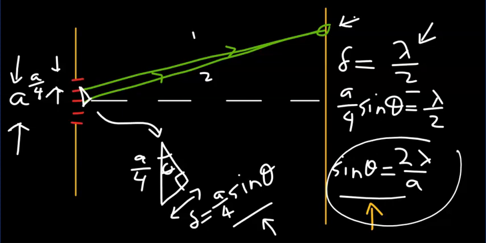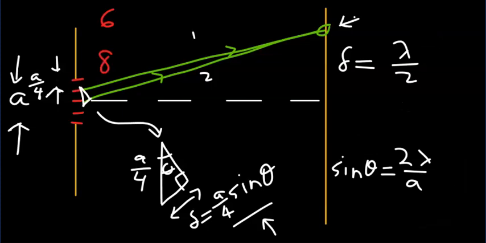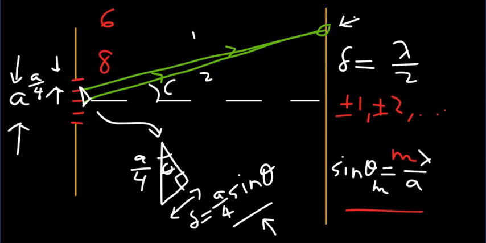Generalizing this treatment, we can further divide this slit into 6 segments, 8 segments, and so on, and the effect it would have on this final equation is that the integer 2 must be substituted with an integer m, where m could be plus or minus 1, plus or minus 2, and so on and so forth. So this theta is theta m accordingly, namely this angle here is theta m.